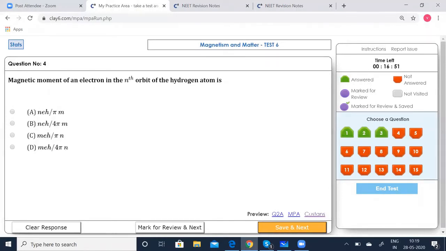The magnetic moment of an electron in the nth orbit of the hydrogen atom is given by what? This is quite easy. Let us solve this.